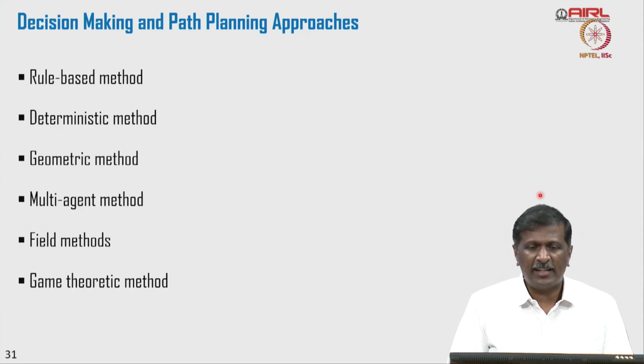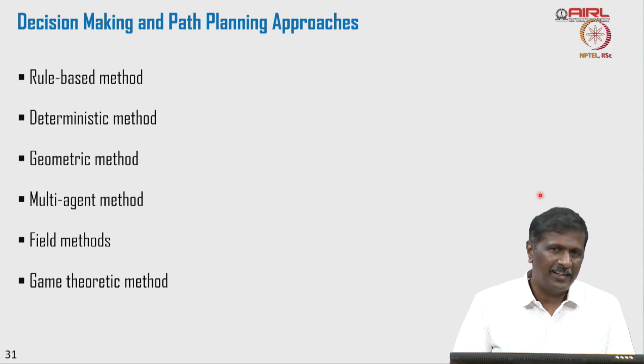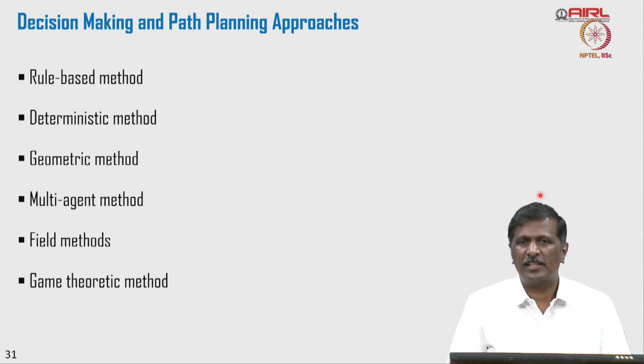Another important aspect is decision making. I could have simple decisions. Whenever I have a conflict zone, turn left or turn right based on where the obstacle is present with respect to my context. Or I can go up or go down.